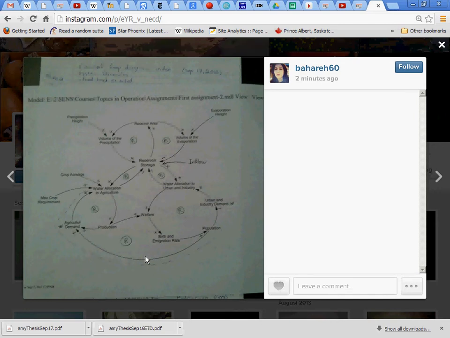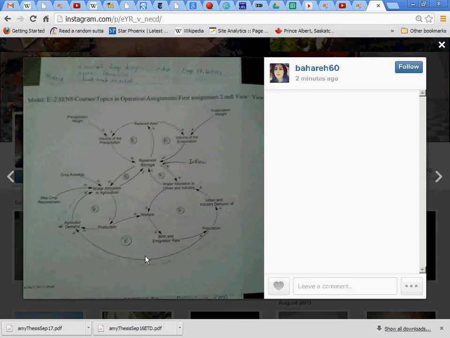Now you have some things governing reservoir storage above here. Okay, now this is interesting. The more reservoir storage you have, the more reservoir area. Okay, I'm thinking about what that means here. Does that mean the reservoir surface area, the surface area of the water, is larger?